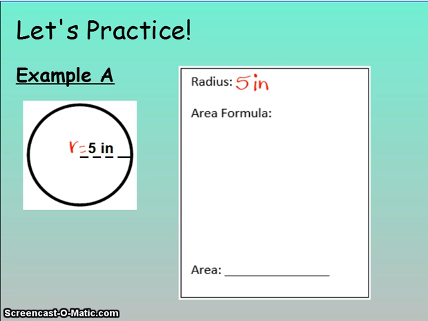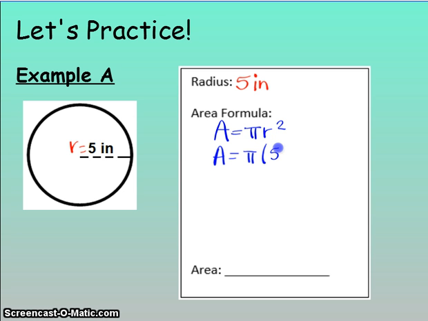Next thing we want to write down is our area formula. All day, you should be writing the formula down, no excuses. Okay, after you've written it down once, you need to write it down a second time, but instead of r, you need to fill it in with the number for the radius.